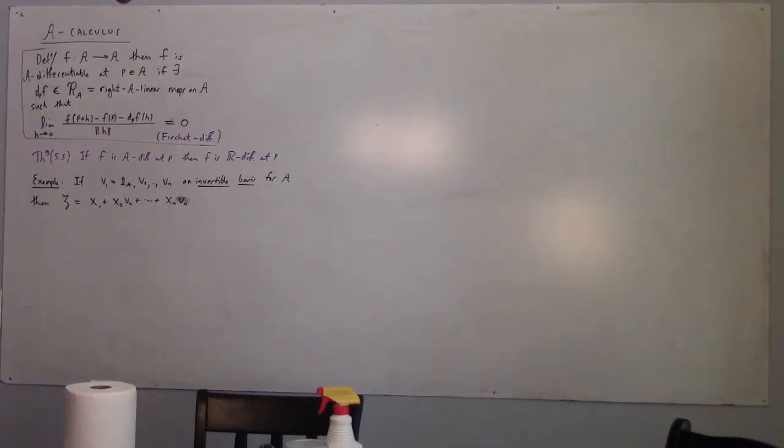The underlying real variables are x1 through xn, right?